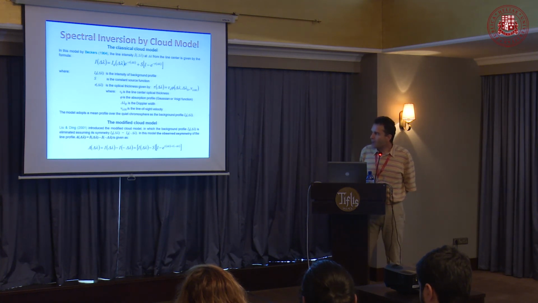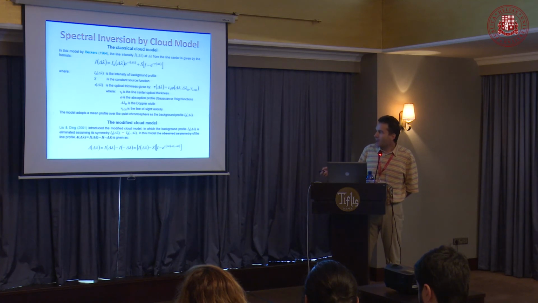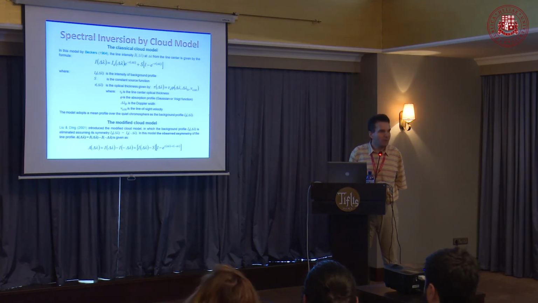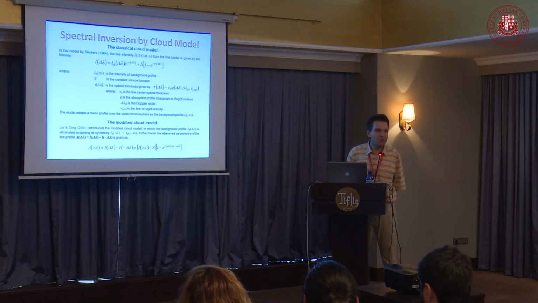To remove the strong dependency of the classical cloud model on the background intensity, Chae and Ding suggested a kind of modified cloud model, which appeared to be very useful for interpretation of highly asymmetric profiles, which do occur within chromospheric jets. Many studies previously, like Rouppe van der Voort, showed that the fringe of RBE events is highly asymmetric in H-alpha profile. So naturally, our attention led to choosing this modified cloud model for interpreting our observations.